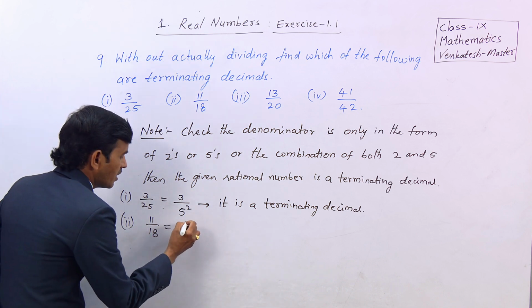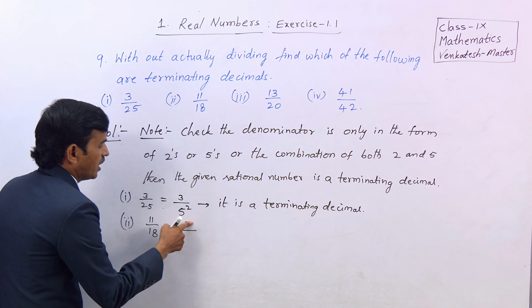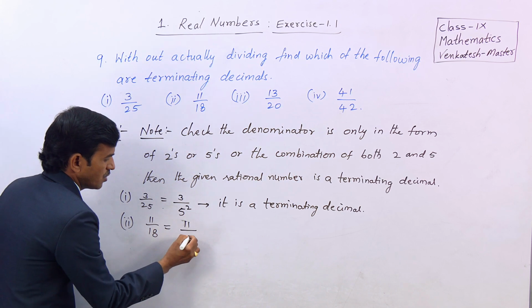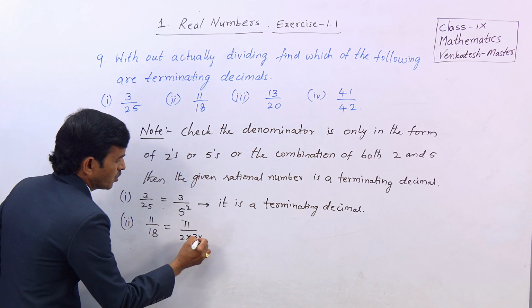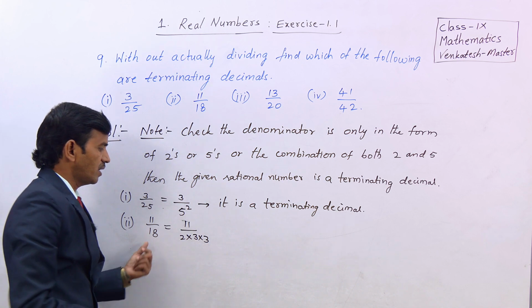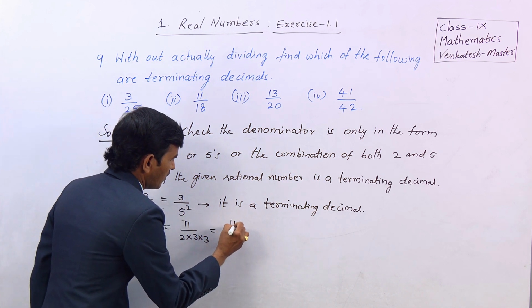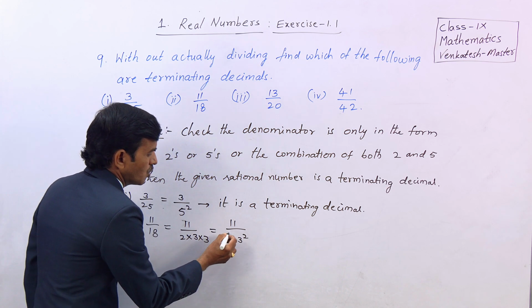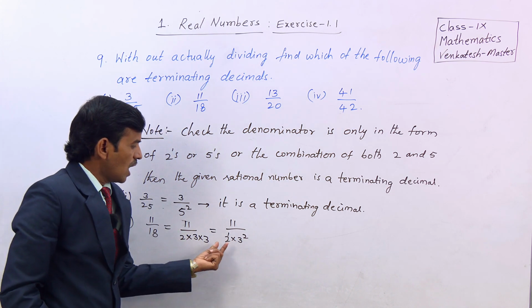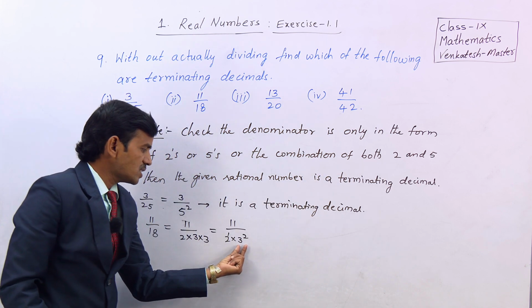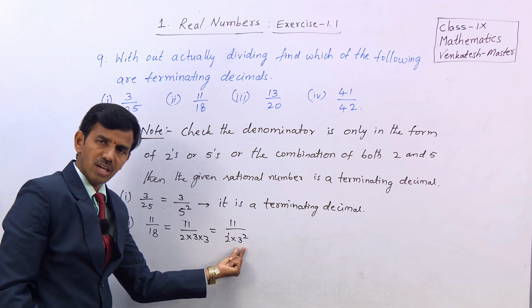So 18 can be written as 2 nines are. So 9 can be written as 3 into 3. So 2 3s are 6, 6 3s are 18. So it can be written as 11 by 2 into 3 square. So 2 power 1, 3 square. Other than 2 and 5, there exists another number in the denominator, that is 3.